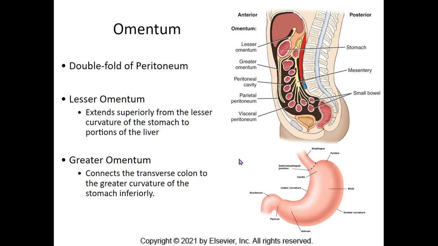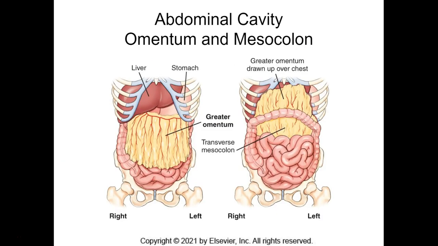And again, I think about it as, if I stood up, why don't all my organs fall down in my abdominal cavity when you're standing? It's because these layers of peritoneum help hold things in place, in addition to providing blood vessels, lymphatic vessels, etc.